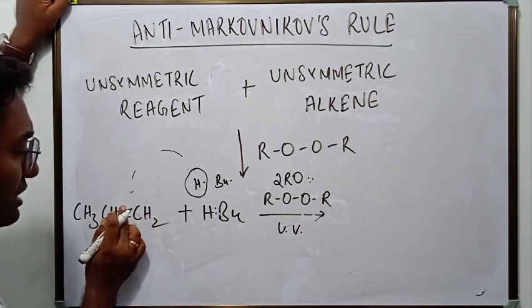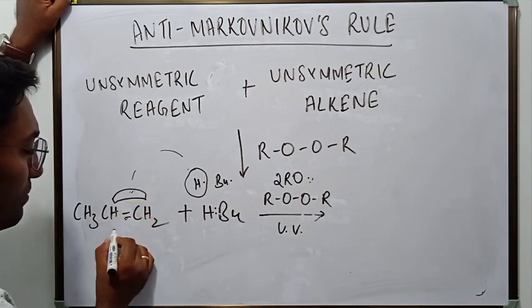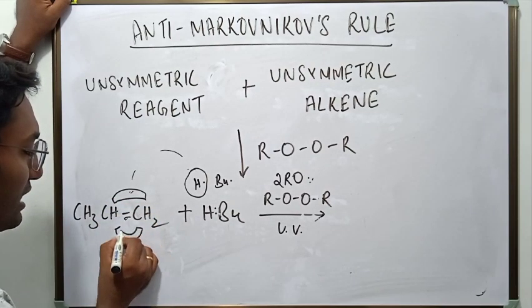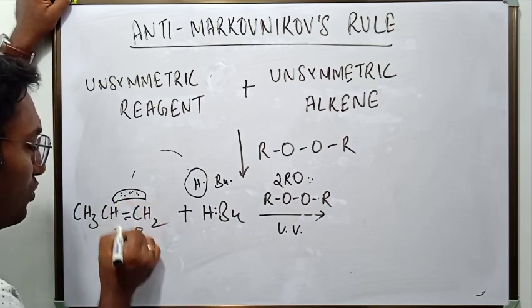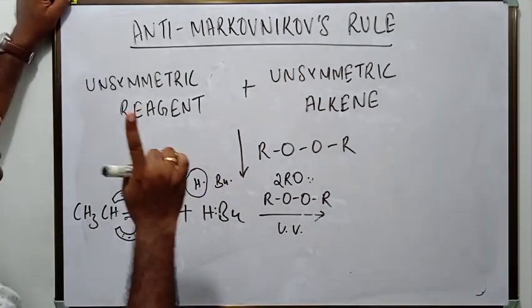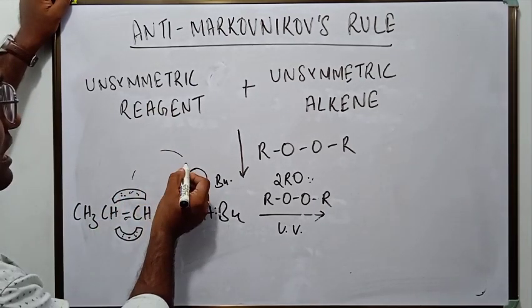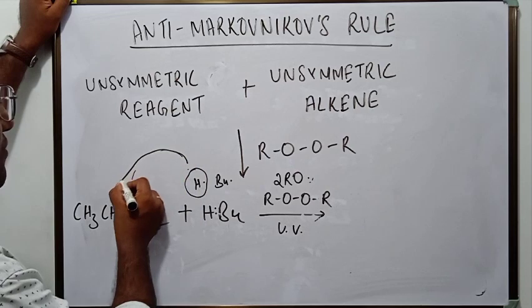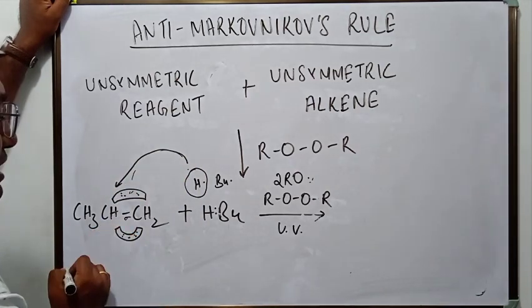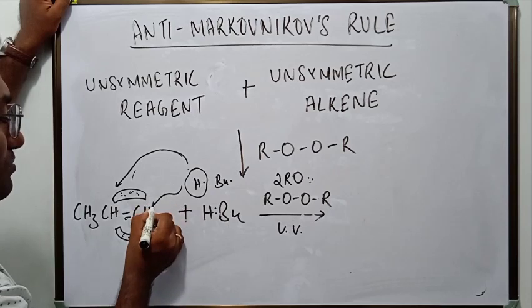The pi bond is a cloud right above and below the plane, and each pi cloud has two electrons. Our H free radical requires only one electron. It has two options: it can take one electron from this carbon atom, or from that carbon atom.